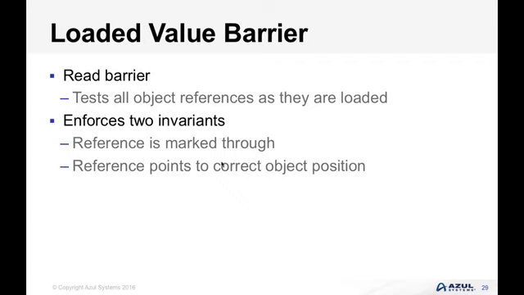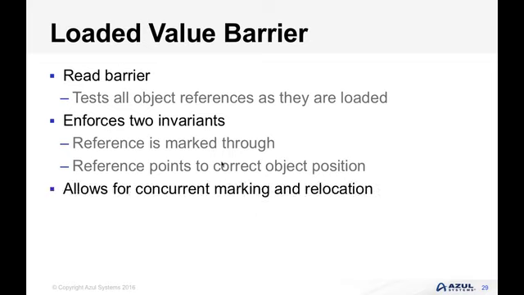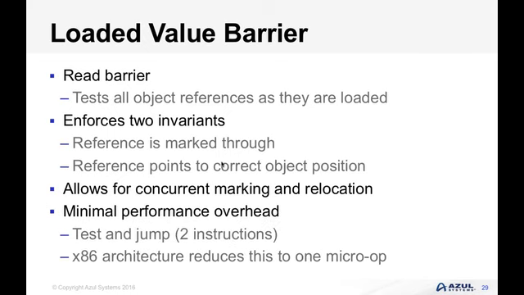A lot of people say, well, okay, that's great, but doesn't that mean that you're now affecting performance? Because if you're intercepting every read of an object, surely that's a problem from a performance point of view. Well, what we are able to do with this is concurrent marking and relocation. From a performance perspective, all we're doing is two things. We're doing a test and jump, and that's two instructions.